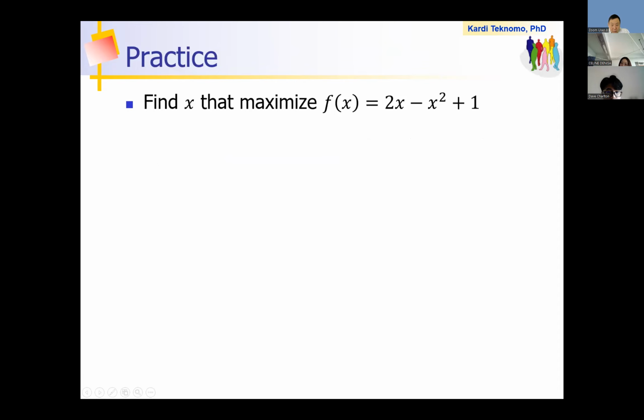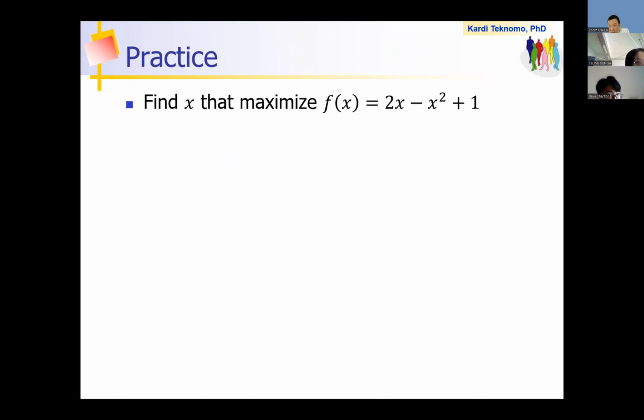Do you know how to do this? Anyone? Make it equal to 0?